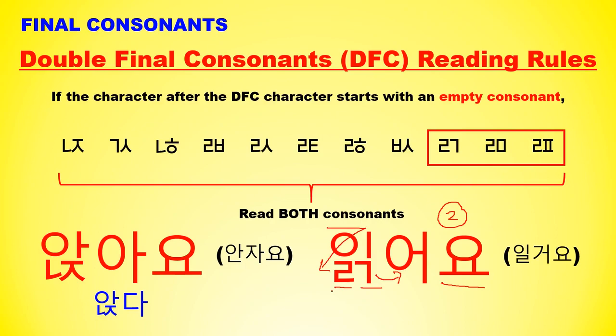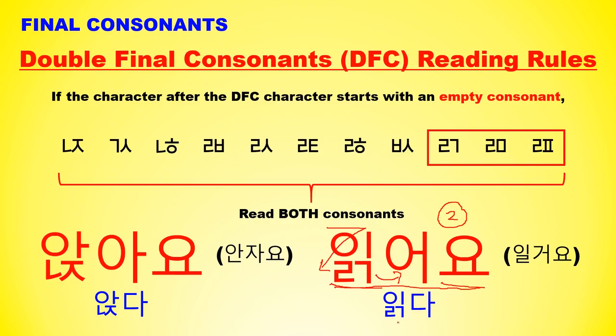Like what I've said before, this is a phrase put into a sentence. If I were to break down this word to its really basic form and change it back into a vocabulary word, the word is actually just 읽다.